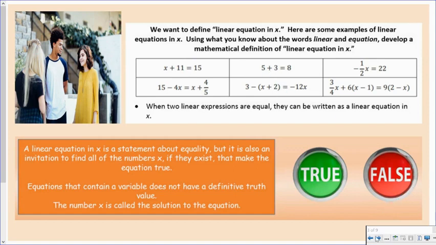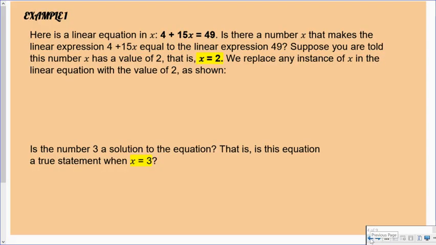Okay, so for this lesson, we're going to try some different solutions to see if that solution makes the equation balance. So this one here, we have 4 plus 15x equals 49. We're going to substitute in 2 for where we see x. So I have 4 plus 15, and I'm going to substitute 2 in, put parentheses because that's multiplying, equals 49.